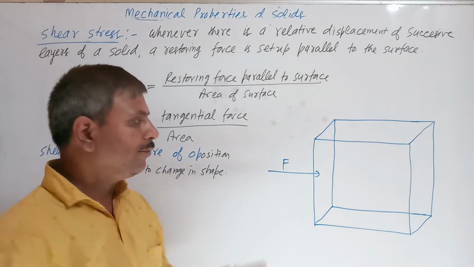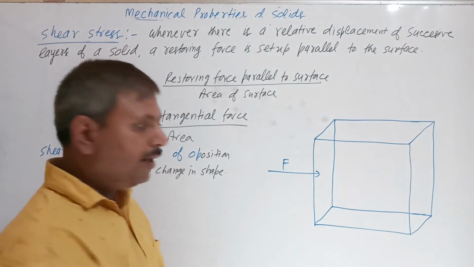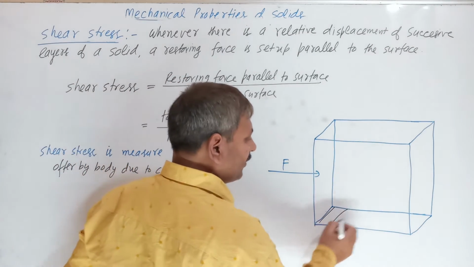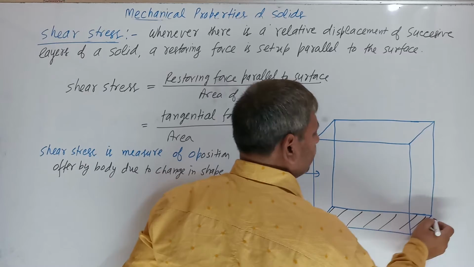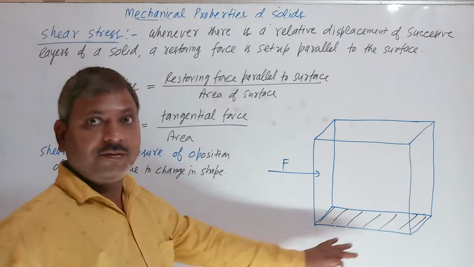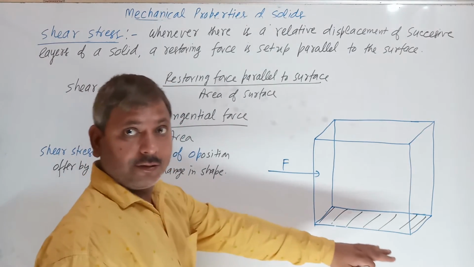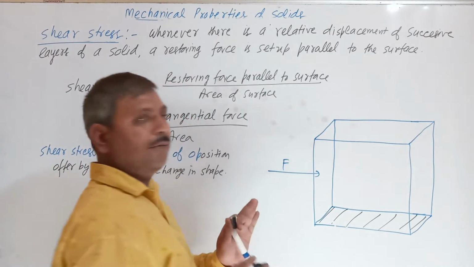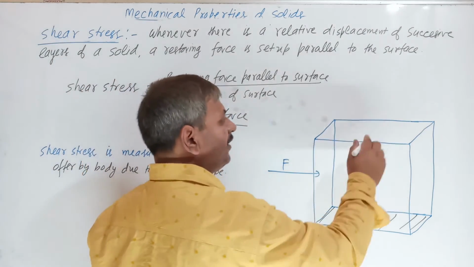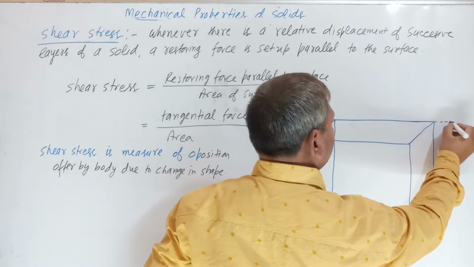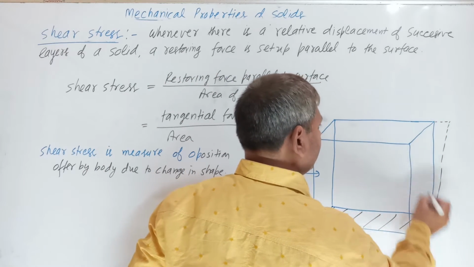For example, suppose I have taken a cube, and I have fixed the lower surface, and I have applied a tangential force to the upper surface. What happened? There is a change in shape. It will go here like that.